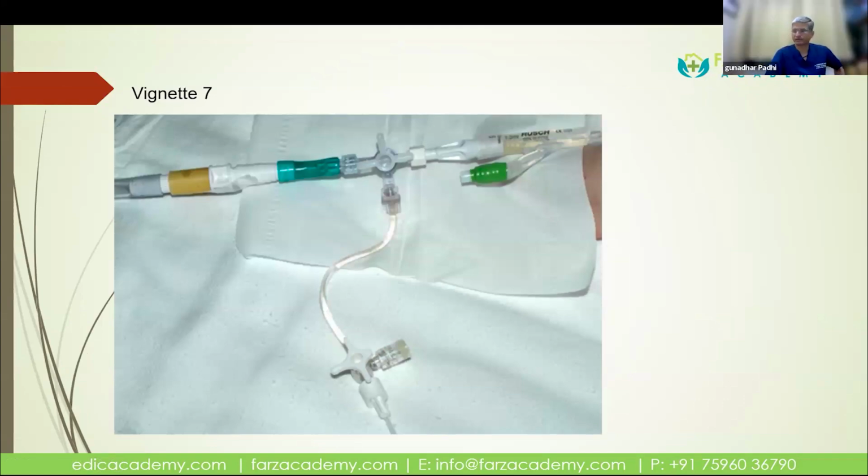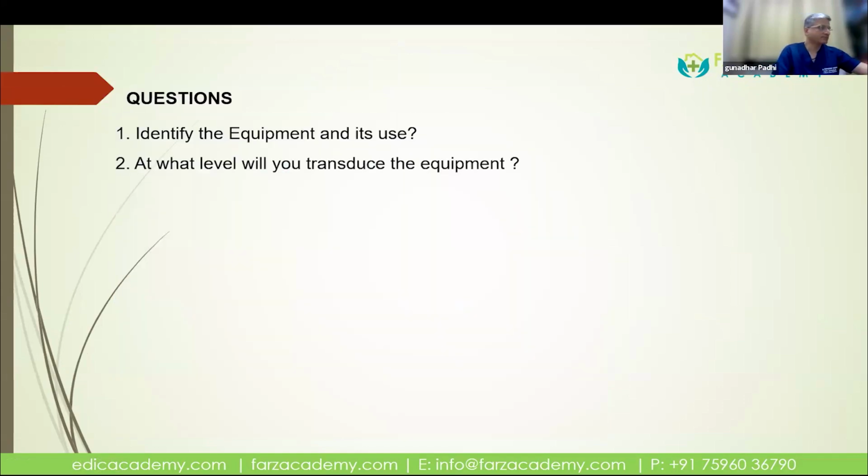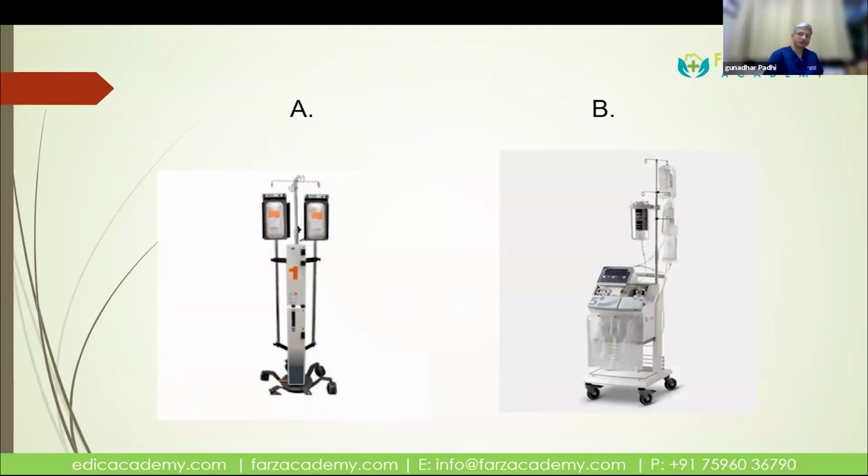Okay, identify this. This is an intra-abdominal pressure monitor. Right. At what level do you transduce? Usually at the level of the pubic rami. Both of these instruments are used in trauma patients.